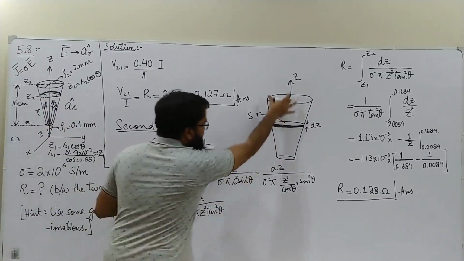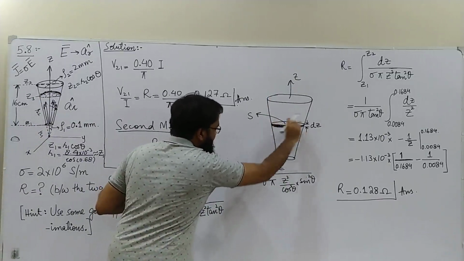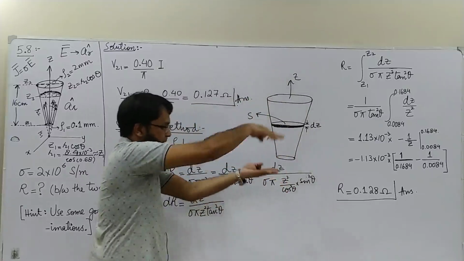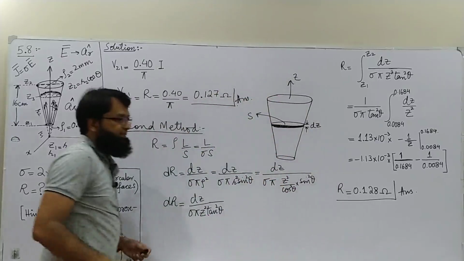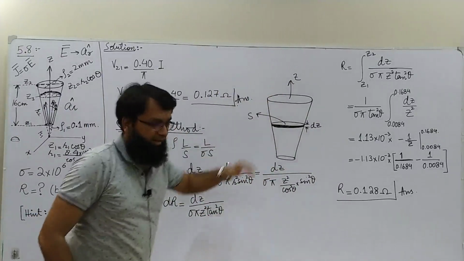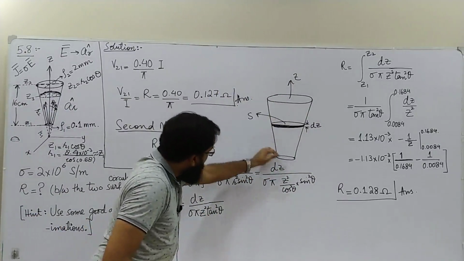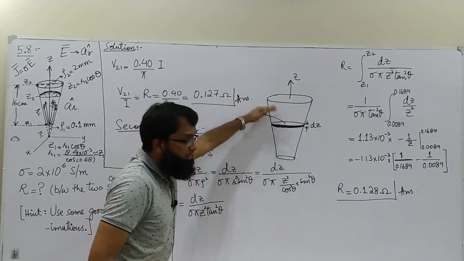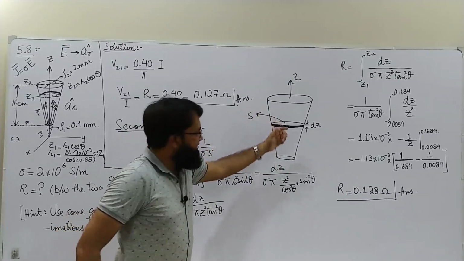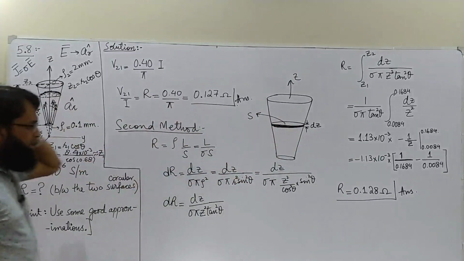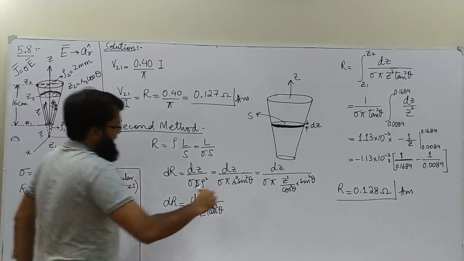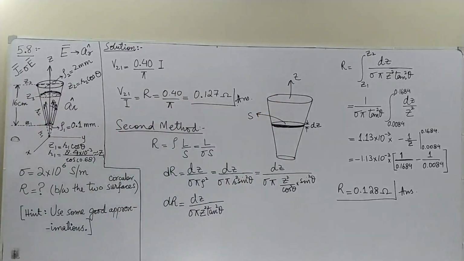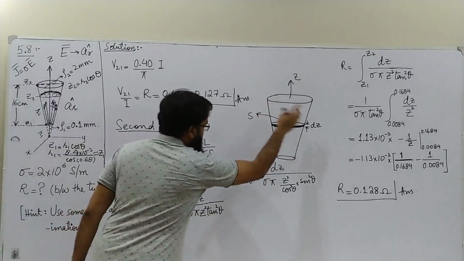And we can consider this cone to be made up of these infinitely small discs stacked together. एक के ऊपर एक जत्था लगा के आपने उसको discs का जत्था लगा के आप cone form कर सकते हैं. So this cone can be considered to be a stack of infinitely thin discs, definitely of some variable shape. But since we are using the thin cone assumption, we are not considering them to be of different size.